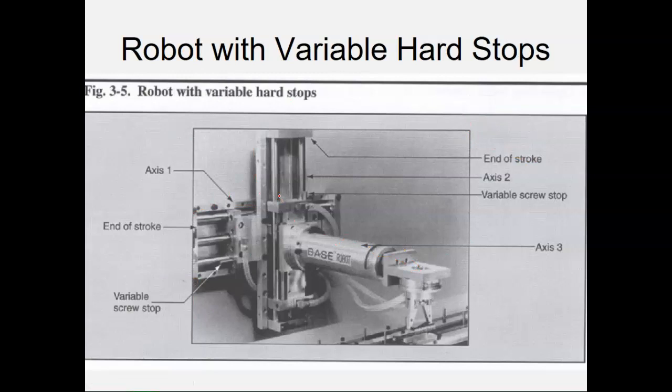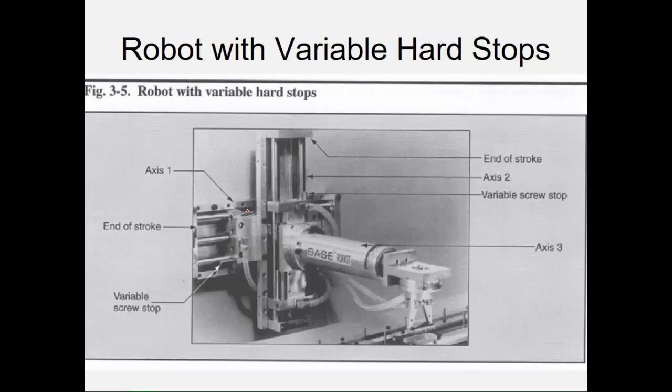So robots with variable hard stops. This guy has the ability to stop itself before it hits the end of its frame, I guess you could say. These are variable stops. So why would we want to use variable over non-variable stops? Hmm? You want to be able to move them because you might have to adjust something, right?